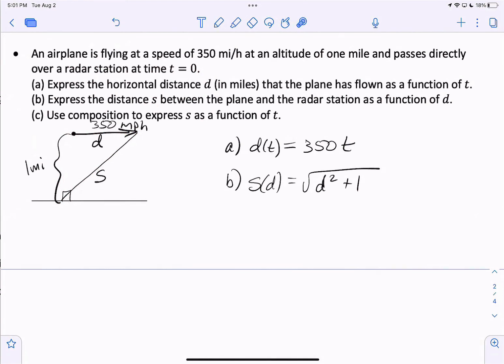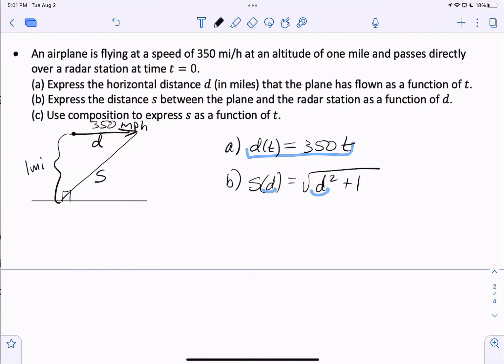Now we're to use composition to express s as a function of t. So folks, we have an expression for d, that's d of t is 350t, and then we have an expression for s that depends on d.